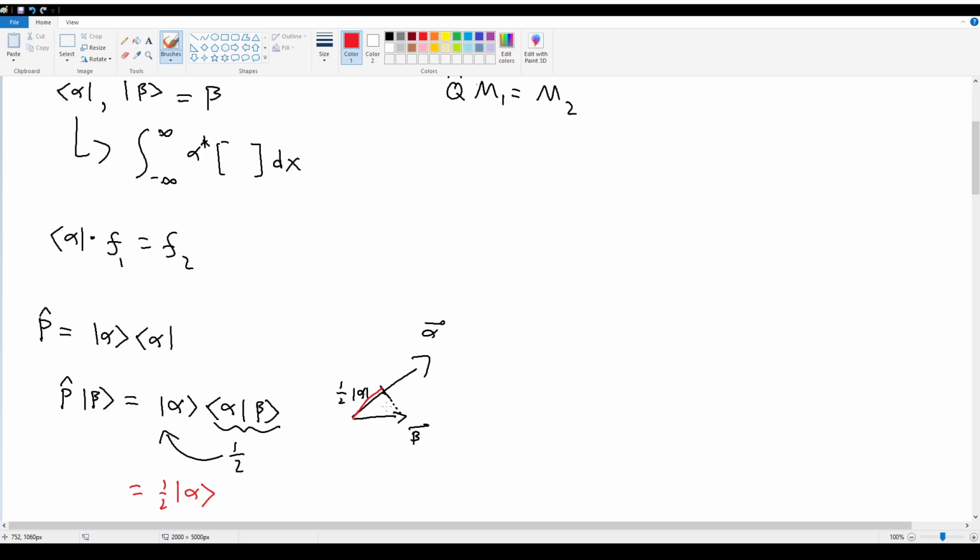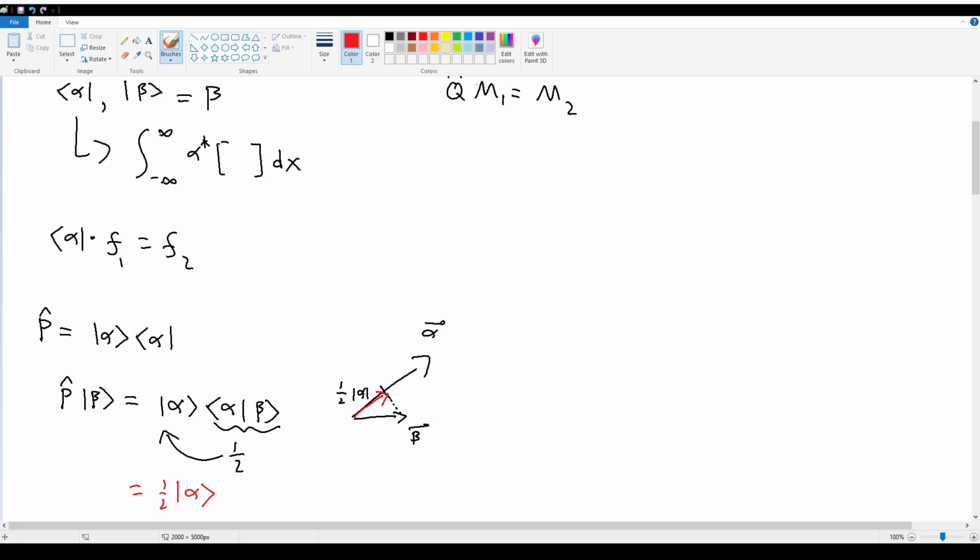That is literally just this vector, forgive my ability to not draw straight. So the projection operator is going to be applied onto a vector, and it's going to give you a new vector that is sort of the projection of the vector you're applying onto beta onto your original vector alpha.